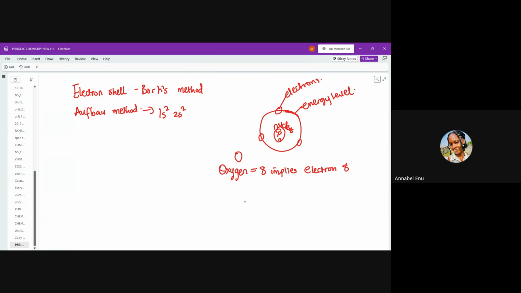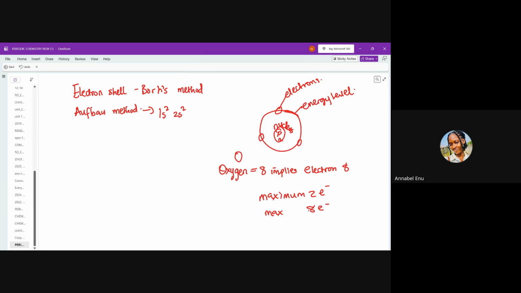Based on Bohr, the first energy level, which is the one closest to the nucleus, has a maximum of 2 electrons, while the second energy level has a maximum of 8 electrons.